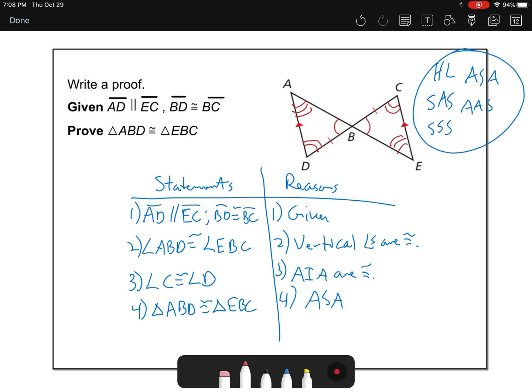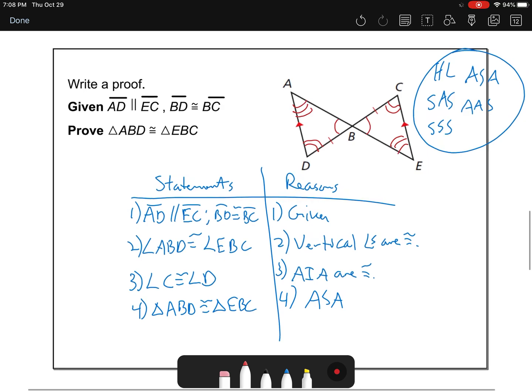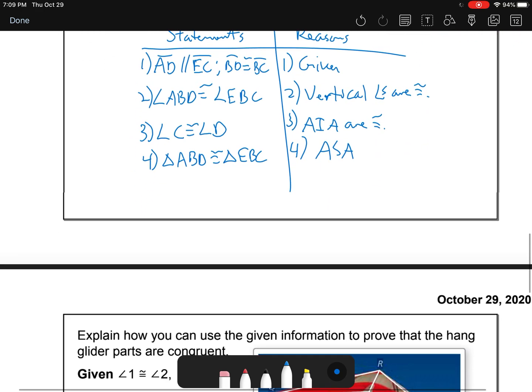So there's more than one way oftentimes to do these proofs. But the logic has to follow. You have to say this before you can say this. You have to say this before you can say this. So everything has to fit in a logical pattern.